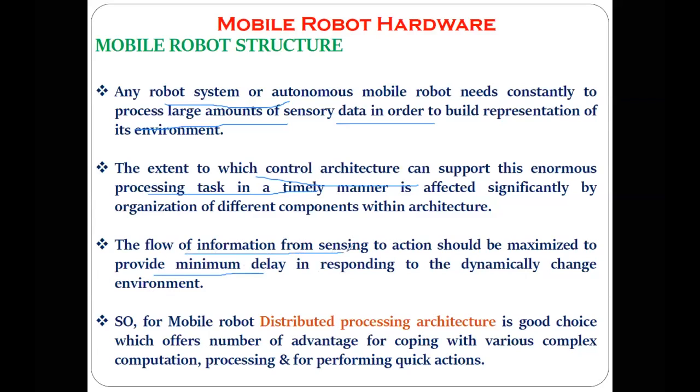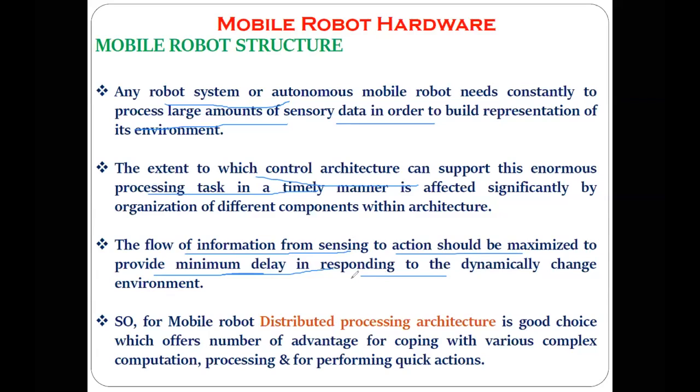The flow of information from sensing to action should be maximized, and minimum delay should occur. So the information should get processed fast, and the flow of information should reach the processing component of the robot fast.